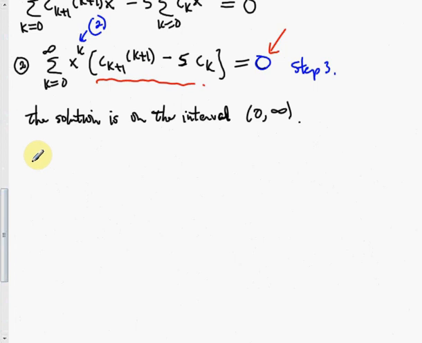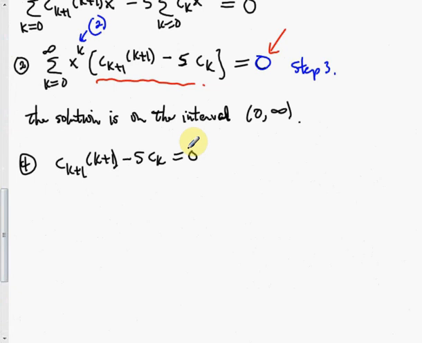So that is step number 4. I write c sub k plus 1 times k plus 1 minus 5 times c sub k is equal to 0.